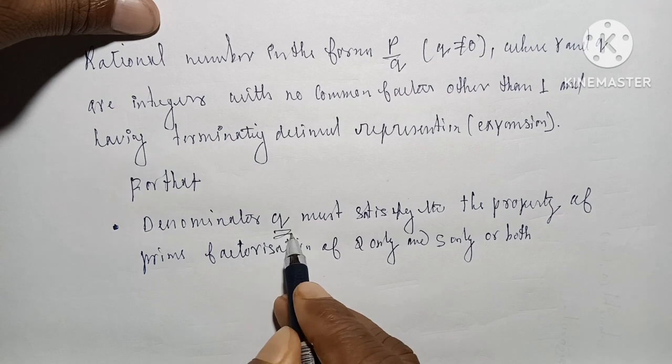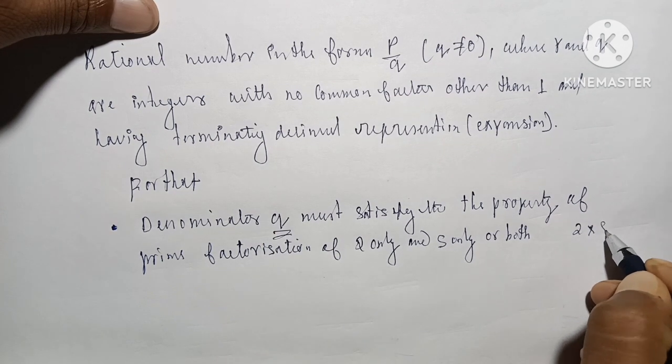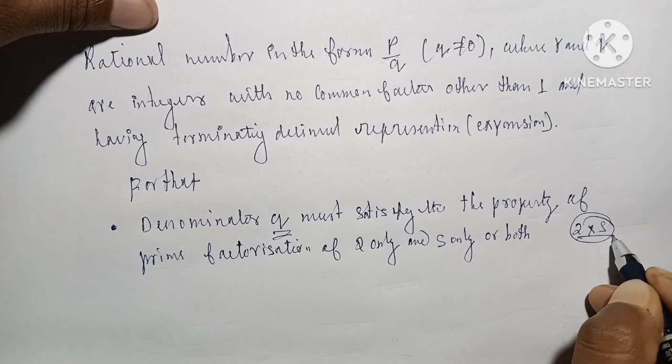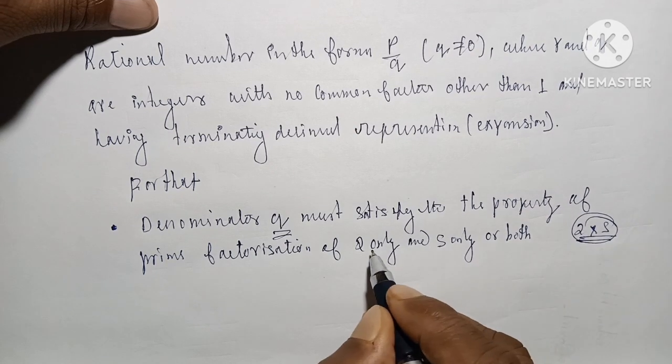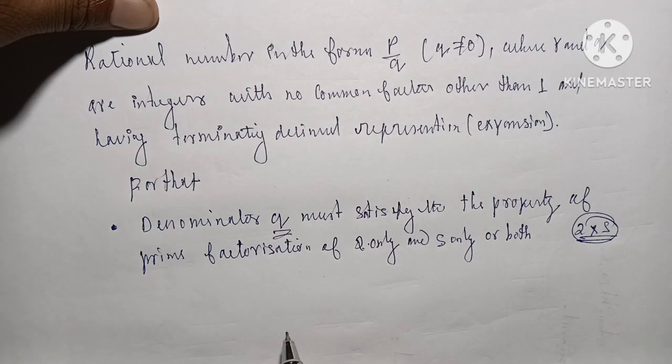It means Q must satisfy the prime factorization of 2 and 5: only 2, or only 5, otherwise both 2 and 5.